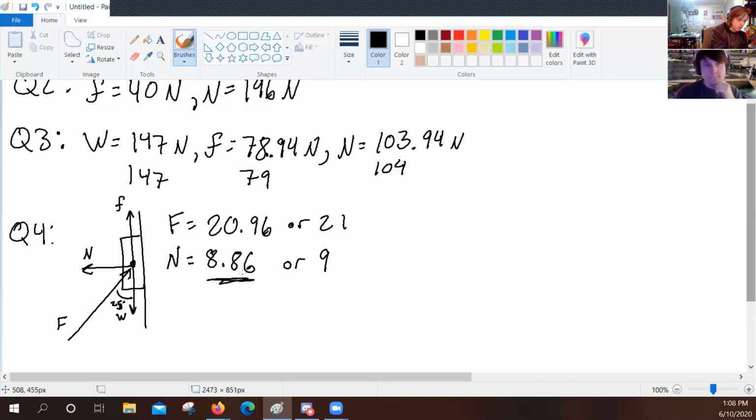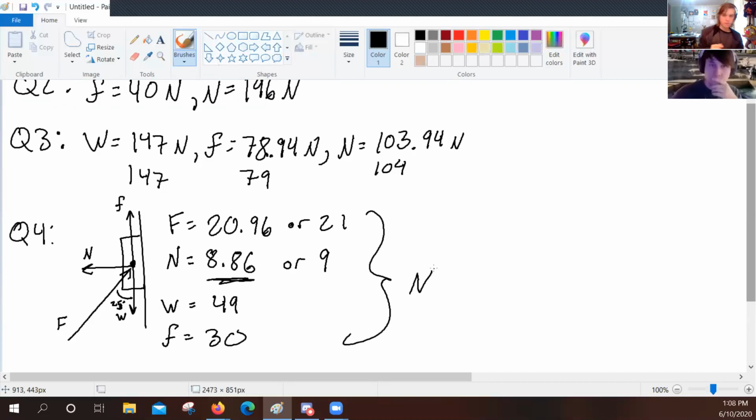This one is far enough that I'd prefer you put the decimal point, but and then weight is 49, and friction is 30. And all of these are in newtons, okay? Are there any questions with those answers?